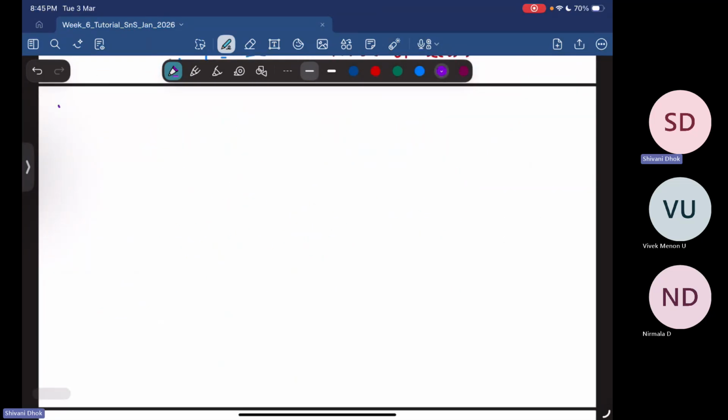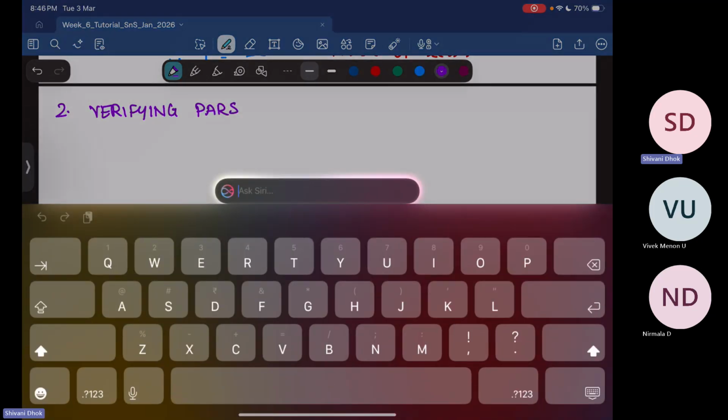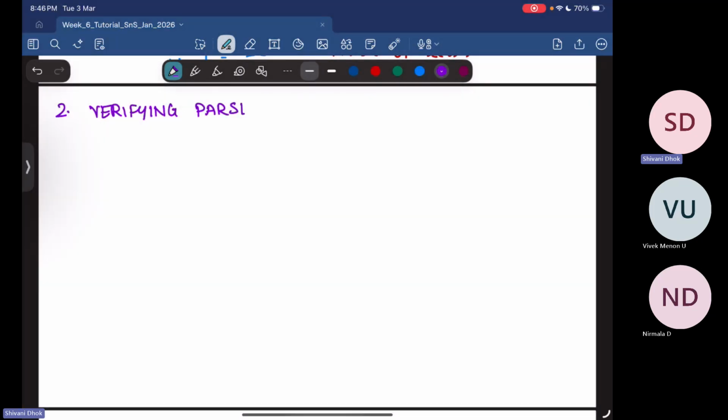So the second part is verifying Parseval's theorem.